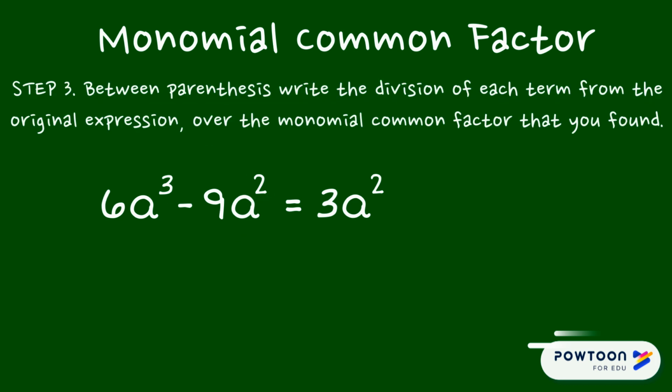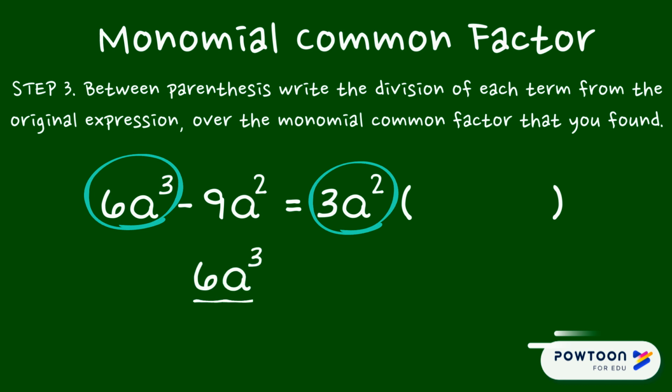Now, between parentheses, write the answer of the division of each term from the original expression over the monomial common factor that you found. So, you must first divide 6a cubed over 3a squared, and your answer would be 2a.